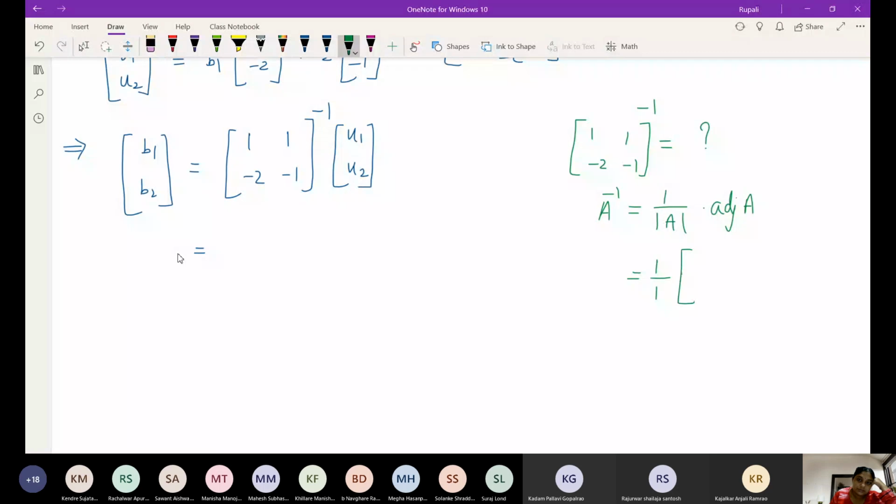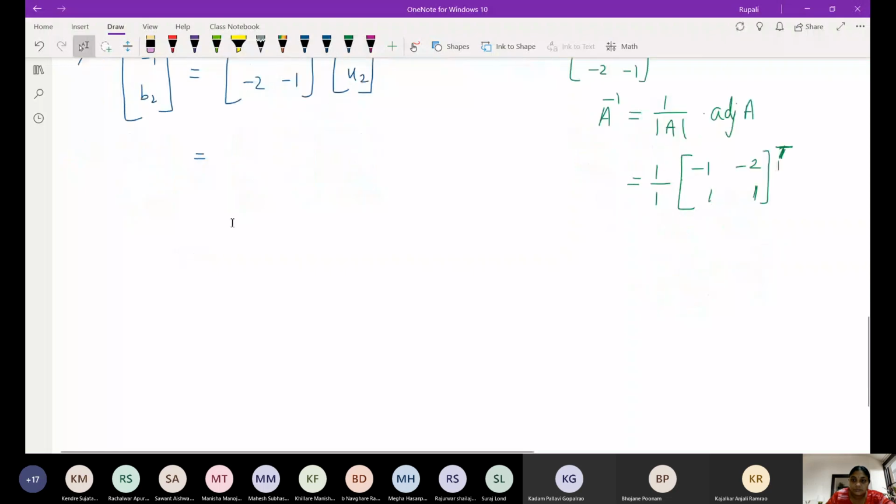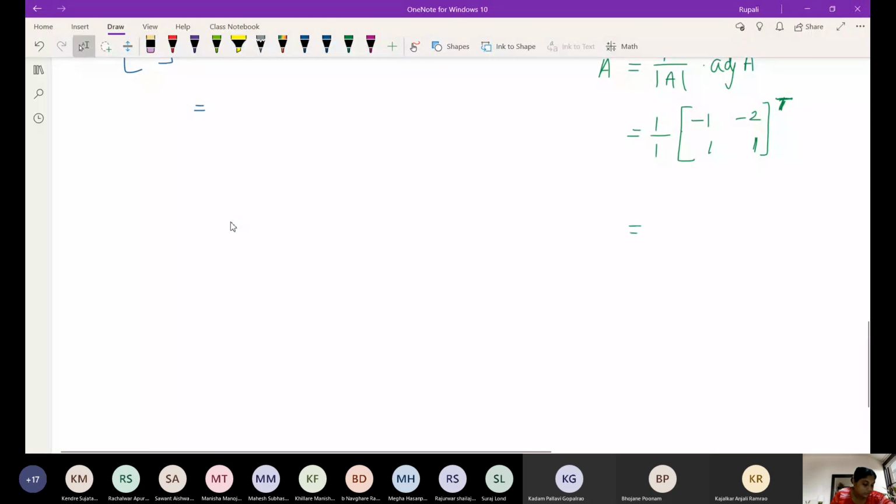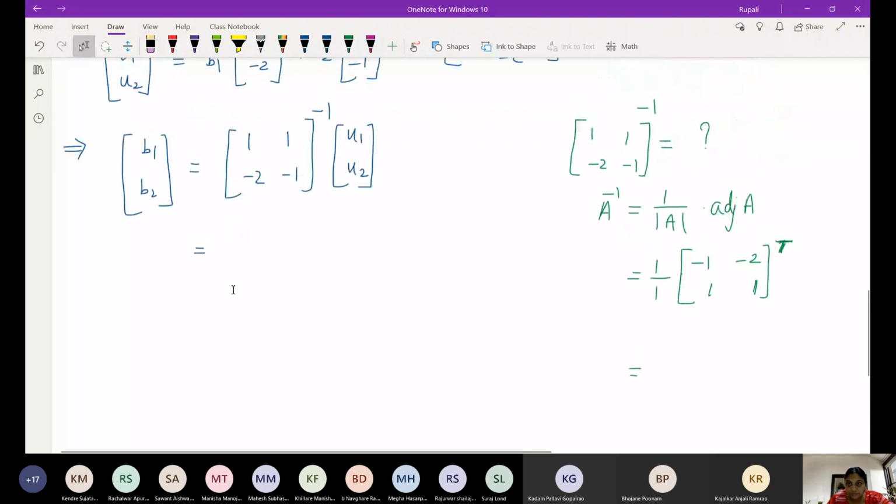What is the adjoint? How do you find the adjoint? First the cofactors, minus 1.